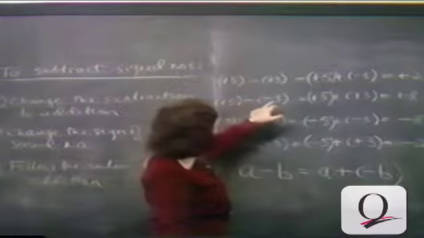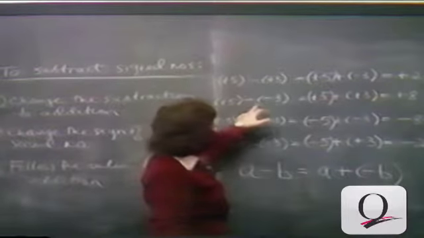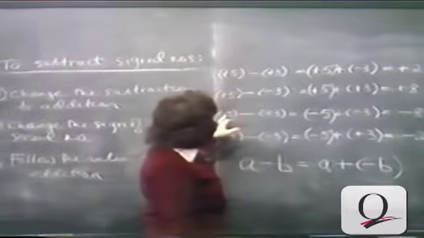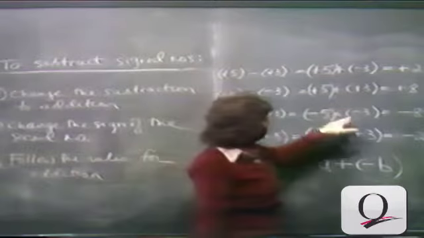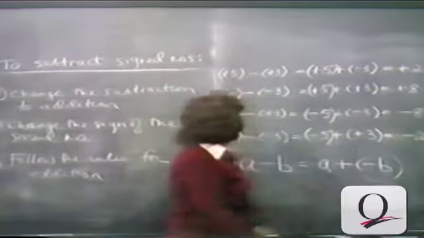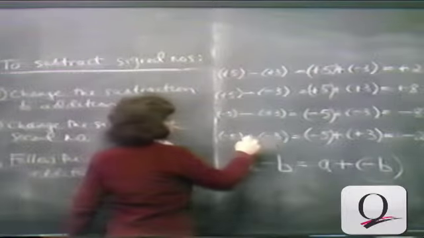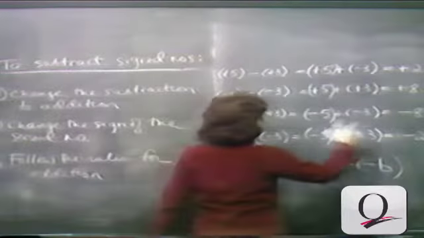Plus 5 take away a minus 3 becomes plus 5, change to addition, plus the opposite of minus 3, which is plus 3. Minus 5 take away a plus 3 becomes minus 5 and a minus 3. And finally, minus 5 take away a minus 3: the subtraction gets changed to addition, the minus 3 to a plus 3, and then you add.